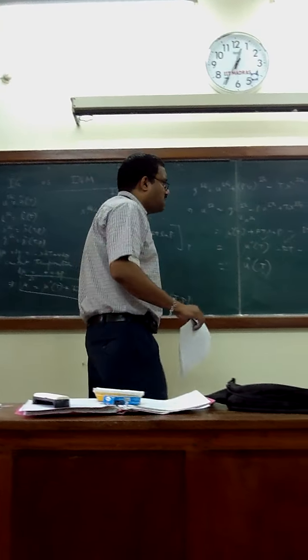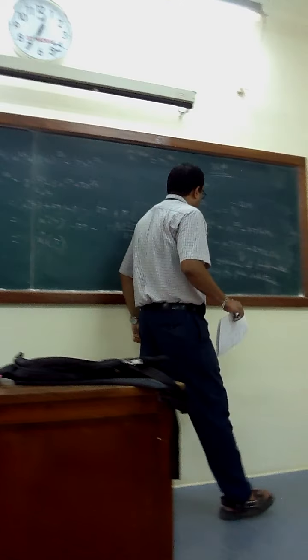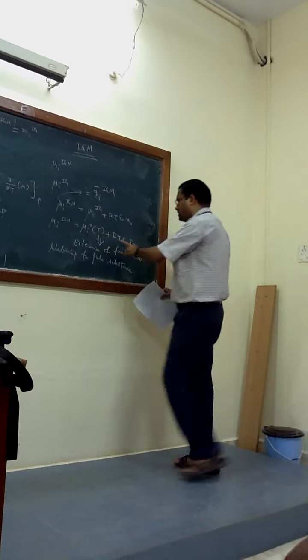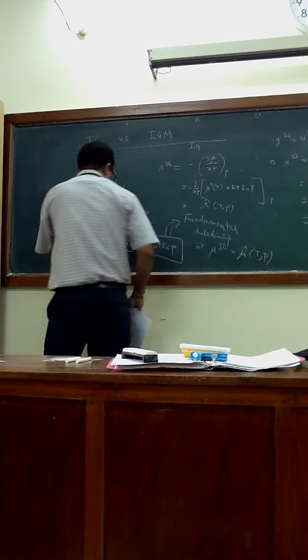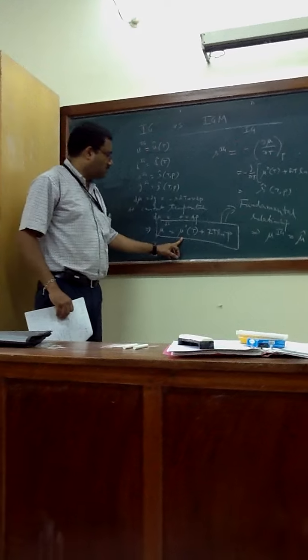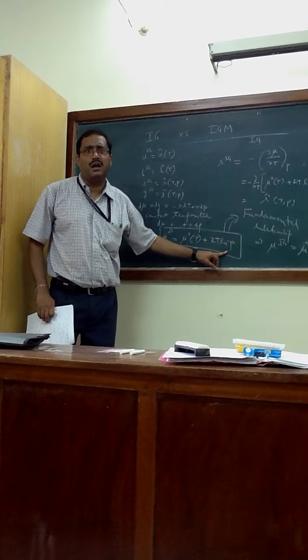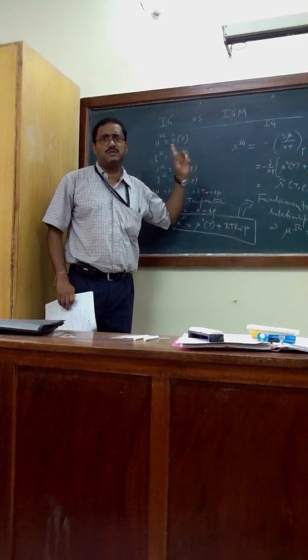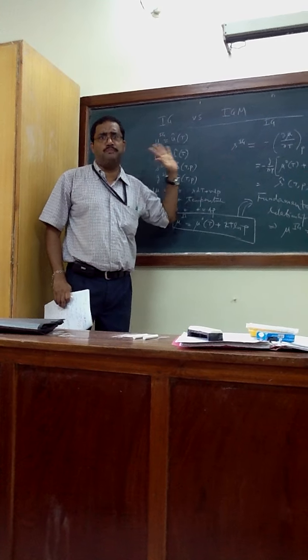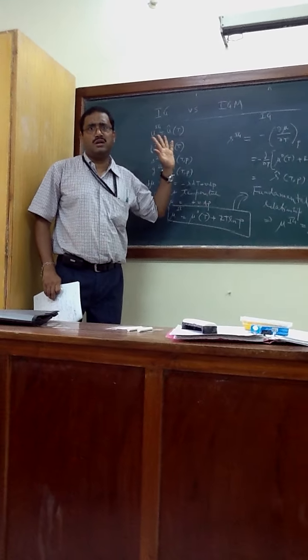So Gi bar IGM is mu i0(T) plus RT ln p xi. And Gi IG will be mu i0(T) plus RT ln p. Only one component, no mixture. Pure substance means only one component, no mixture, at the same pressure. Right?